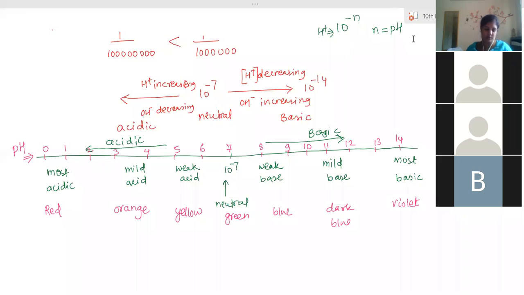Those are all approximated values. Tomato 4.1. Coffee 4.5 to 5.5. Acid rain 5.6. Milk 6.5. Fresh milk is 6.5. Spoiled one will decrease to lesser than 6.5.